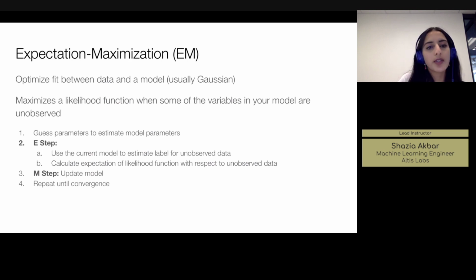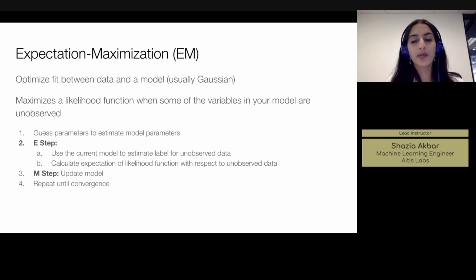There are two steps, an E step and an M step, to the EM algorithm. The first step is to use the current model to estimate some sort of labels for unobserved data. I should mention we have observed and unobserved data, and by having a complement of both, we're essentially testing how well this model is working on the unobserved data, and then updating our model on what we know about our data.